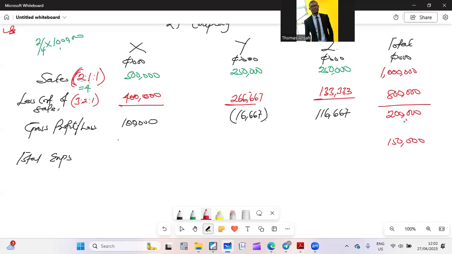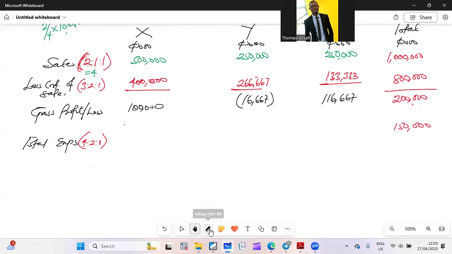Then we give you the ratio of the expenses to be 4:2:1. Can you get me the expenses? And round the figures to the nearest whole number. So get me the figures.